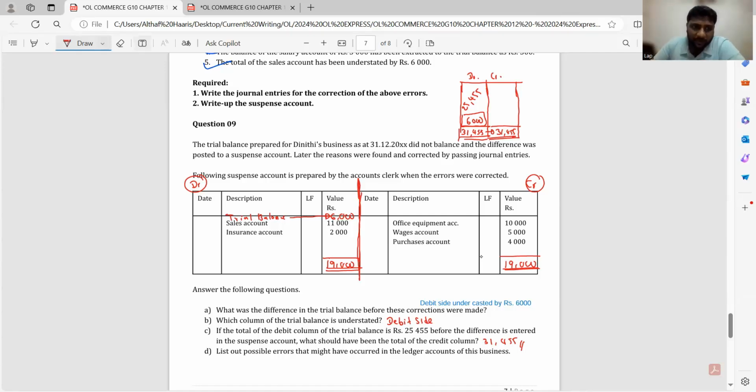Once more. Yes, Farha. Sure. But you have to answer my questions. If you don't answer my questions, you won't get the learning. Farha, first tell me, did you understand having an opening balance of 6,000 in the suspense account, in the debit side of the trial balance? Okay, then let me start from the beginning.